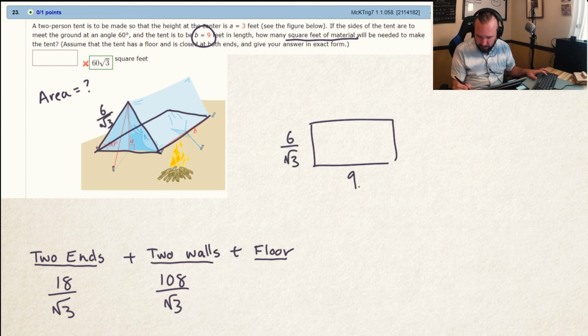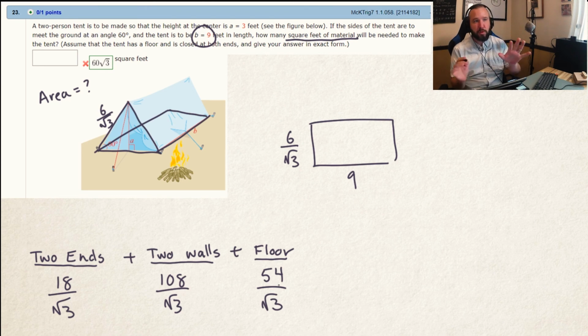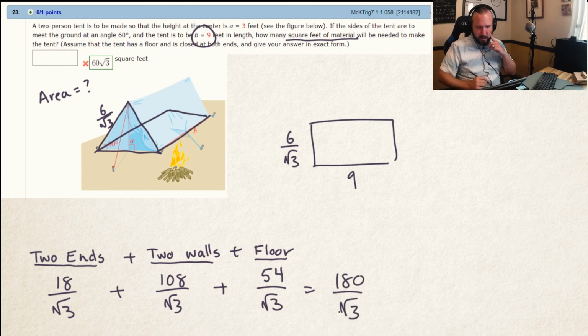And then it's going to be 9 right there. So I get another 54 over the square root of 3 because there's just one floor. So I don't need to double that. So let me just add all these together. And I get 180 over the square root of 3.